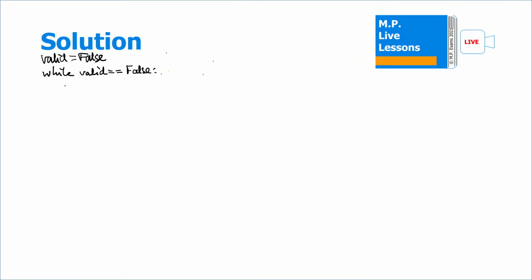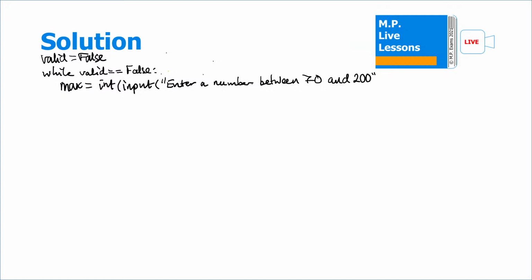We're going to have to ask the user to input, so we have maximum. And then we're going to test if it's between 70 and 200.